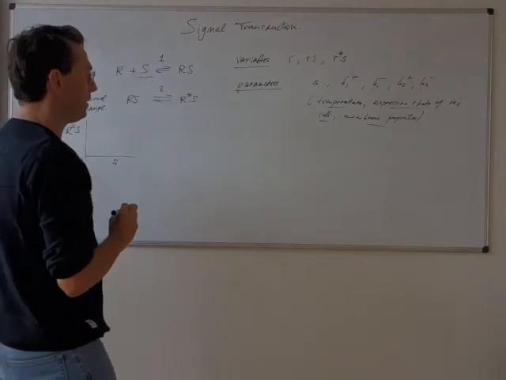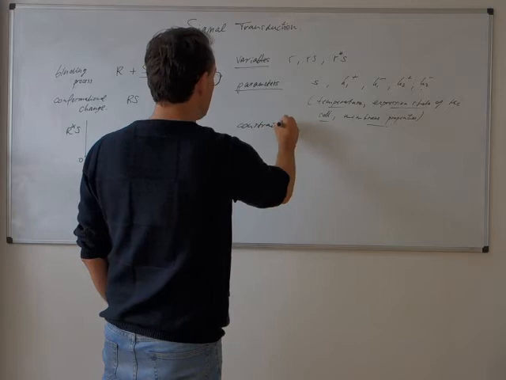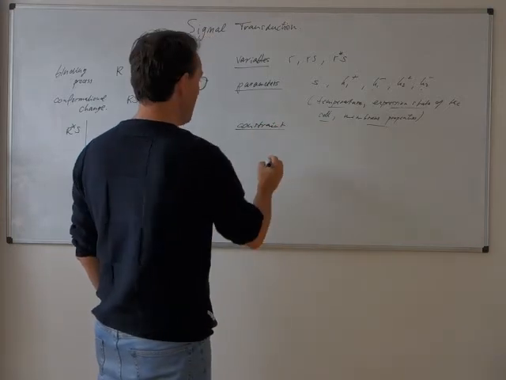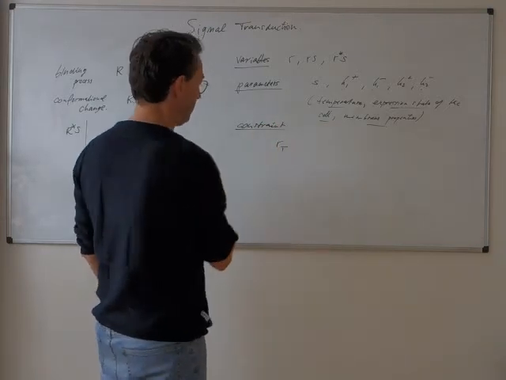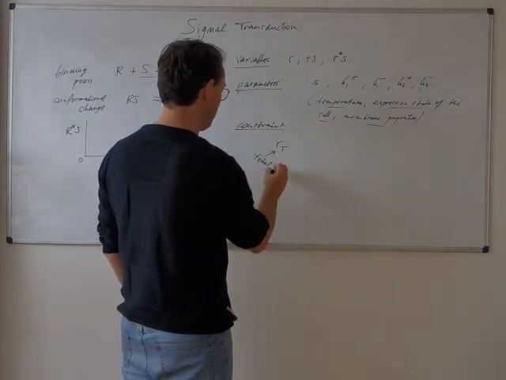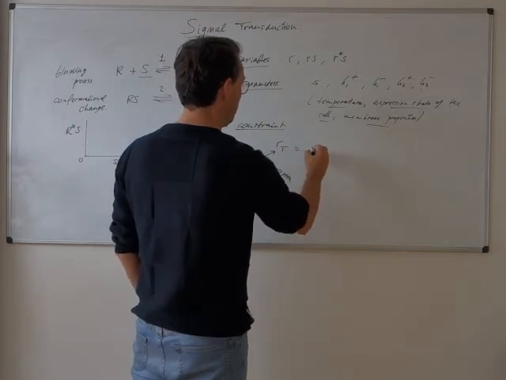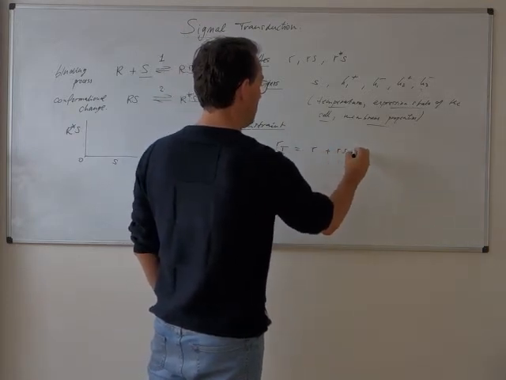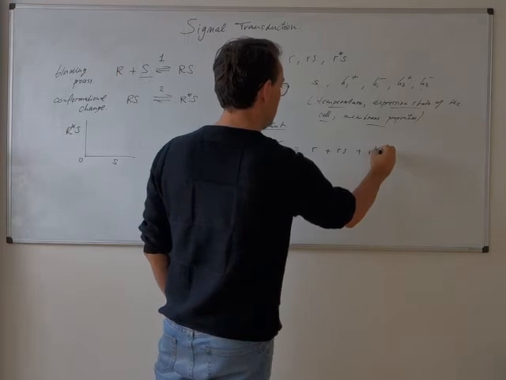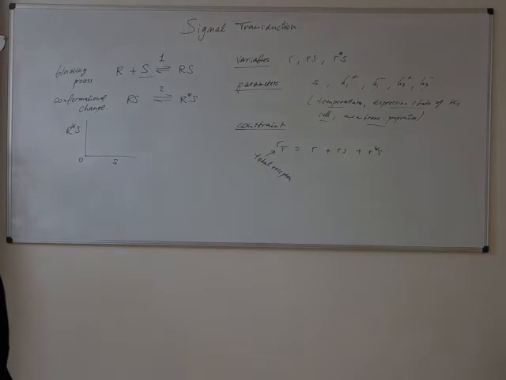So there is this other constraint that we can exploit, and that is the total concentration of receptor, total receptor, that equals the free concentration plus the signal bound concentration plus the conformationally changed concentration. That's something that we can exploit.